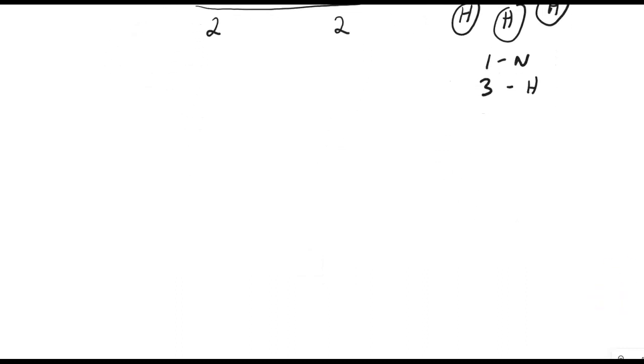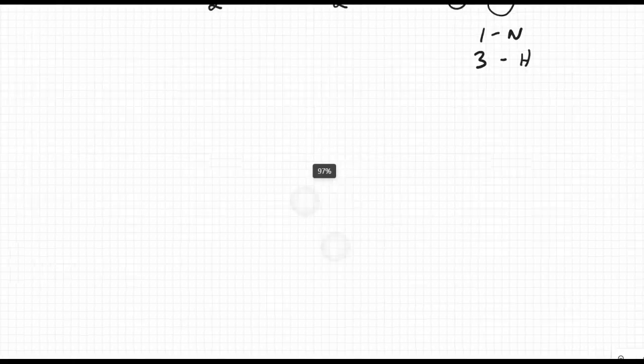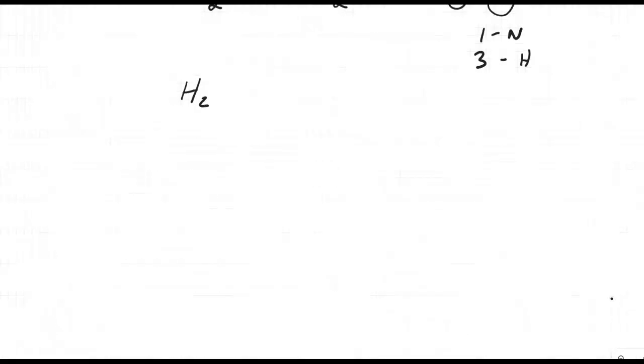Let me go down and rewrite this equation once again. H2 plus N2, and these are both gases. G stands for gas, L stands for liquid, S stands for solid, if you should see that, AQ stands for what's called aqueous solution. That means stuff is dissolved in water.